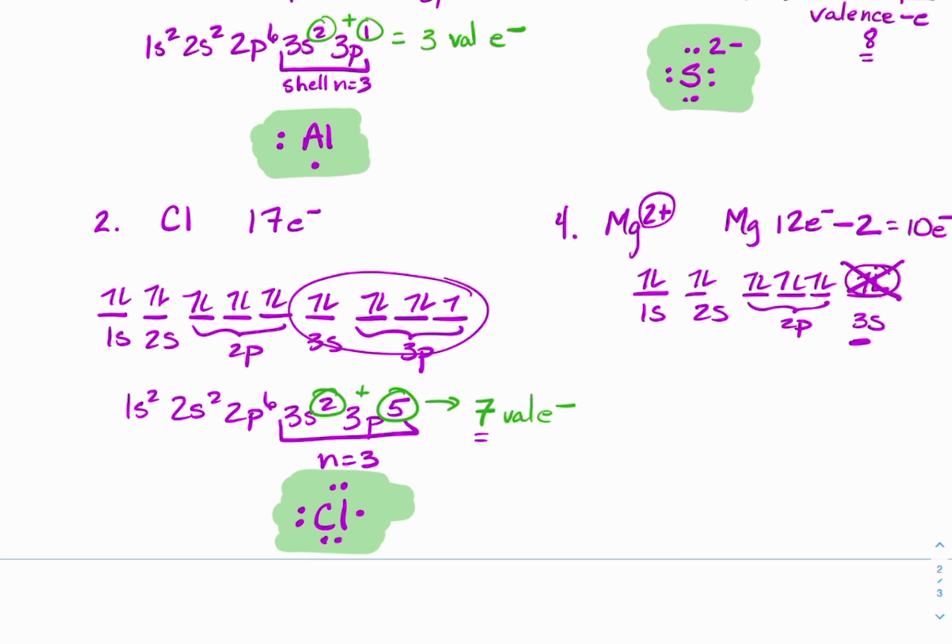So how many valence electrons does it have in its outer shell? 0 valence electrons. So we write the symbol magnesium. We don't have dots because the 2 valence electrons were given away. But we do put the charge of 2 plus. That is the Lewis symbol for magnesium 2 plus.